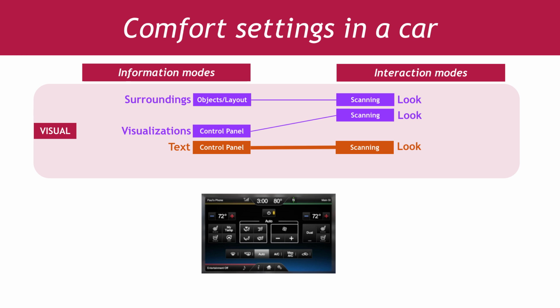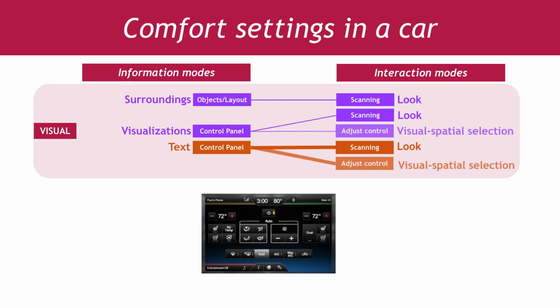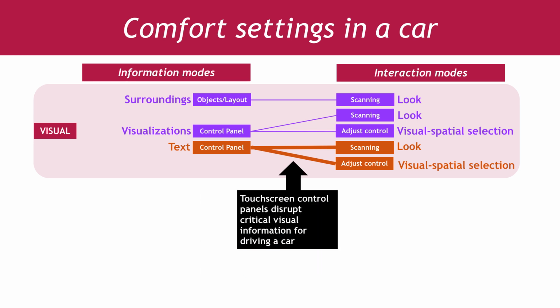And that also requires looking and scanning using visual information. And actually adjusting the controls also requires looking and scanning to place your finger in the right visual spatial location. So something like a touchscreen control panel actually disrupts the critical visual information for driving a car.